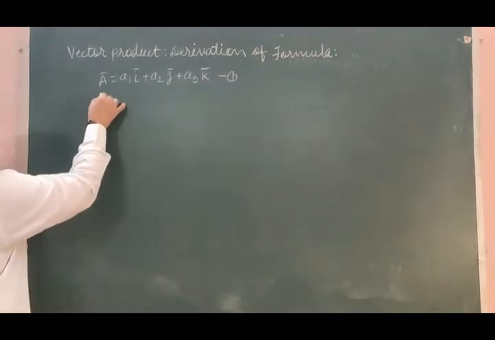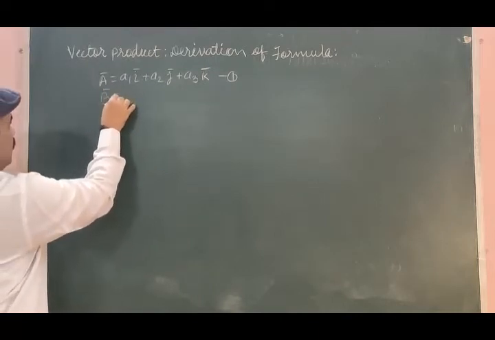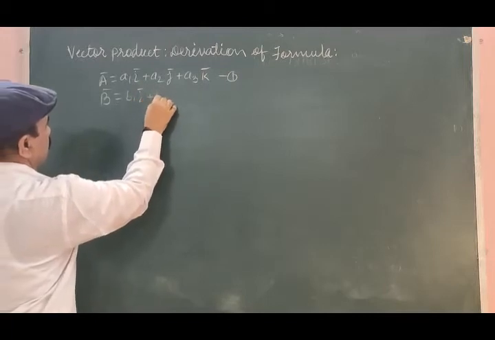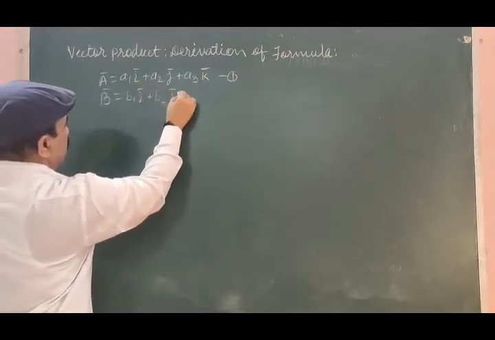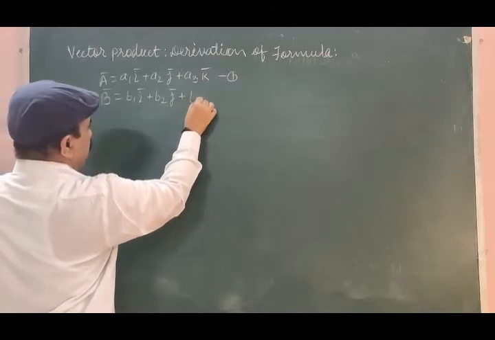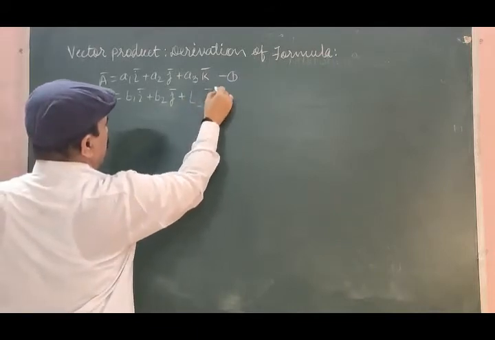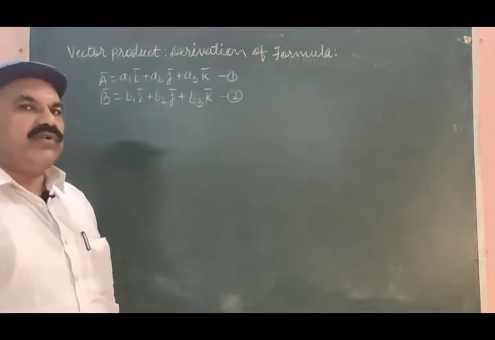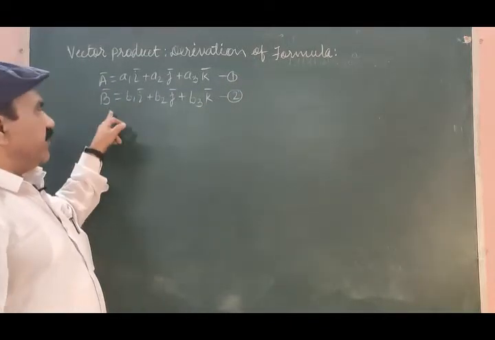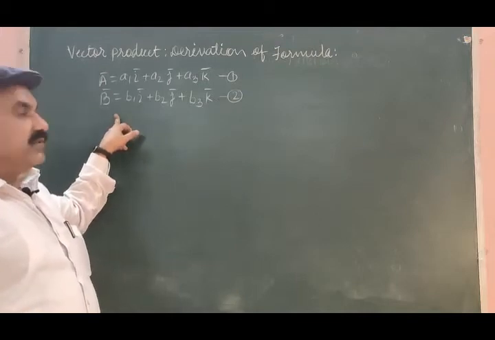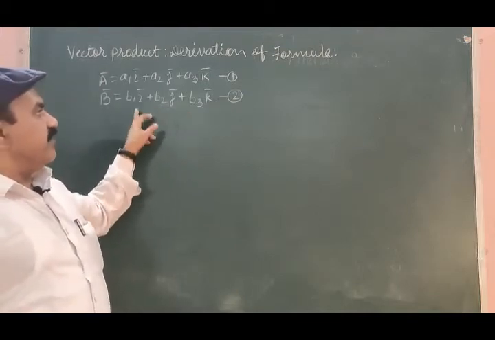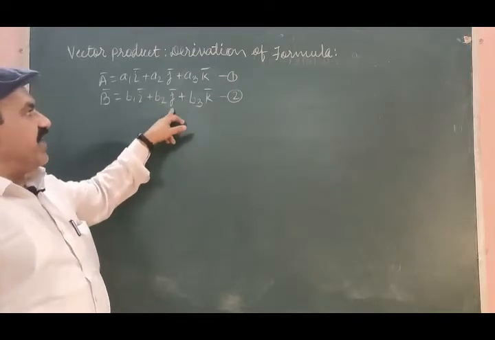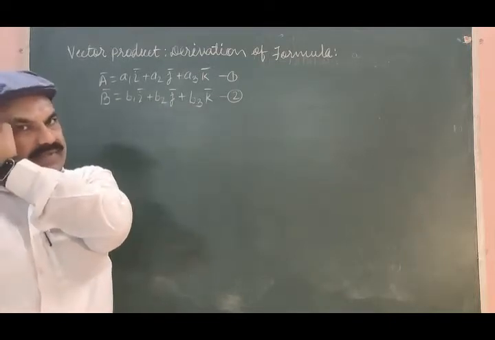Then vector B is equal to b1i plus b2j plus b3k, equation number 2. Vector B in terms of the rectangular components b1, b2, b3 along the unit vectors i, j and k respectively.